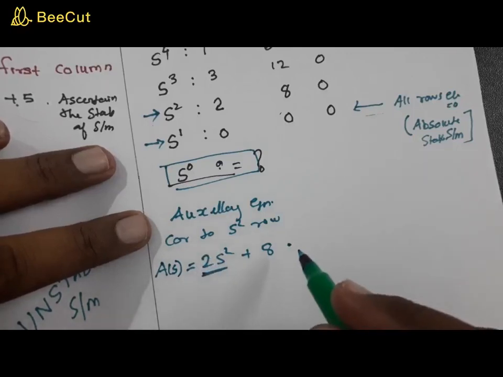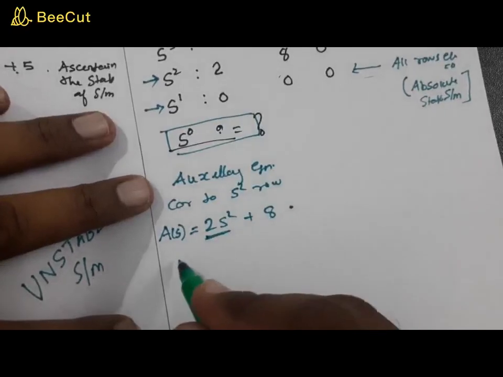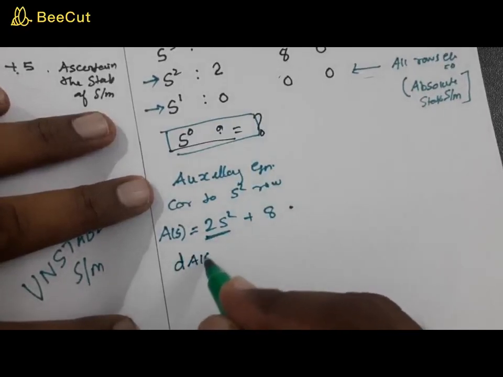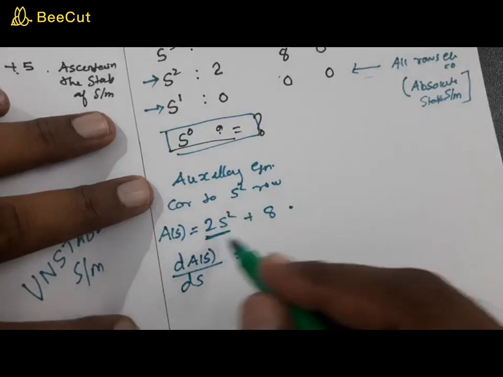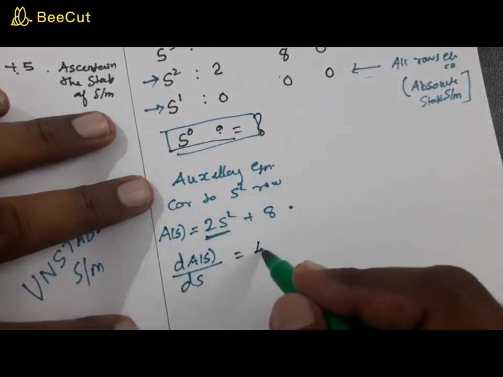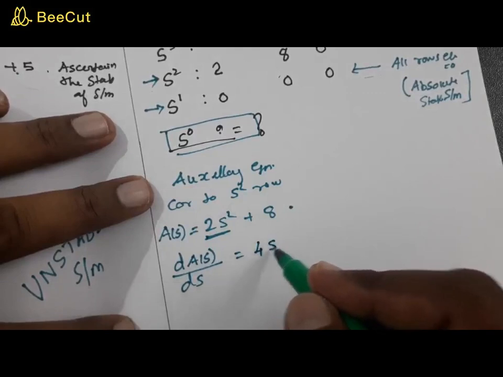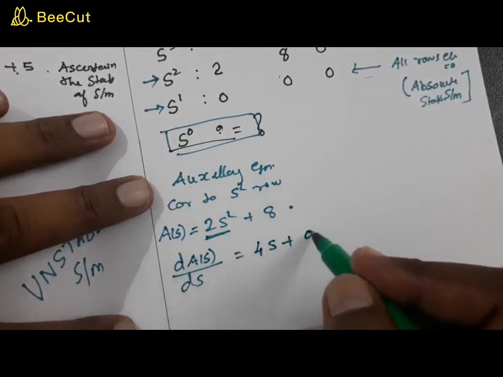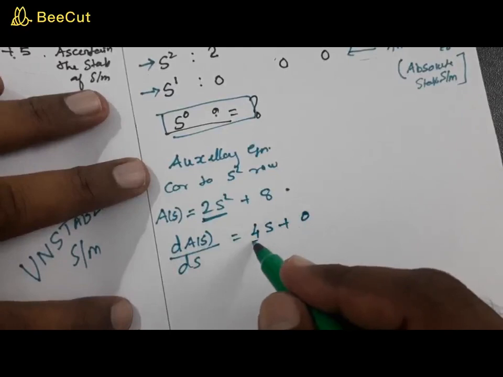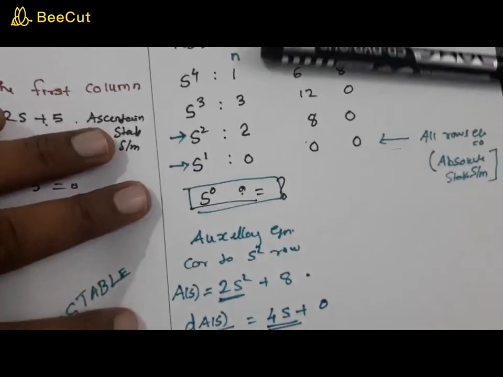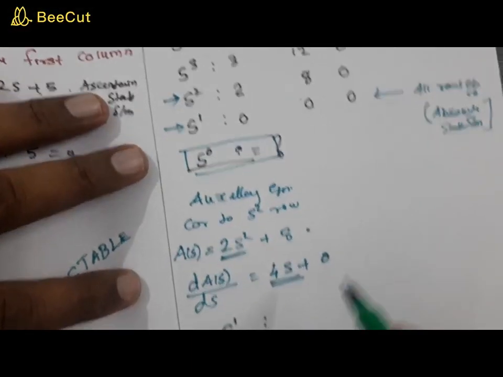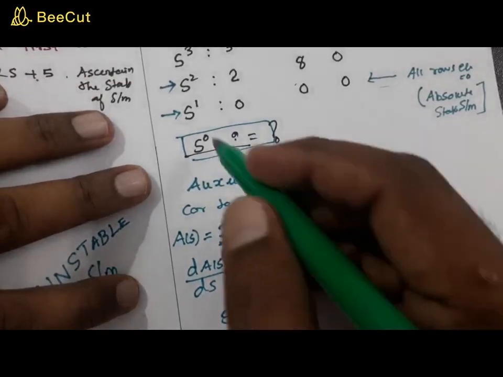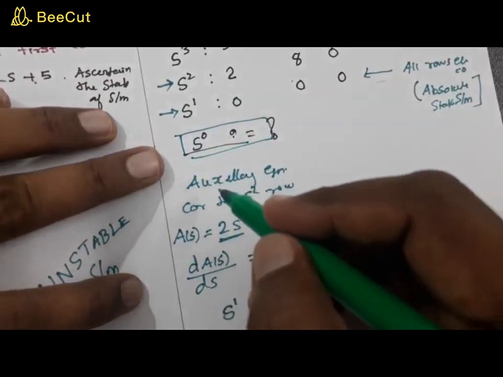Now what you need to do is take the derivative of this with respect to s. So this will become 4s plus 0, which is 4s. That means now you can rewrite the s raised to 1 row.